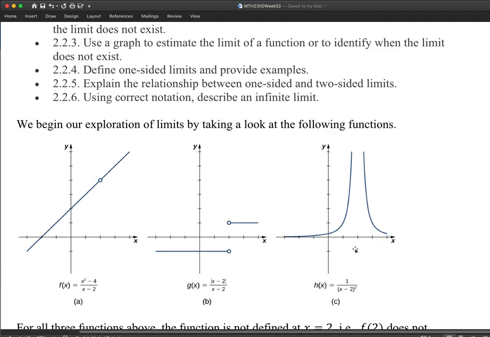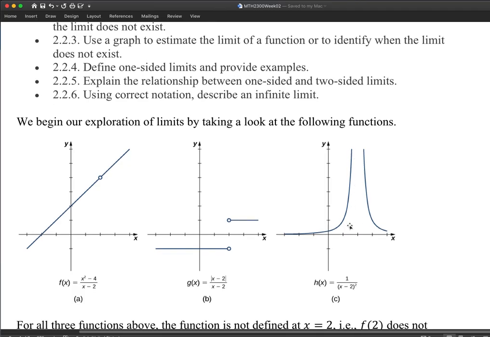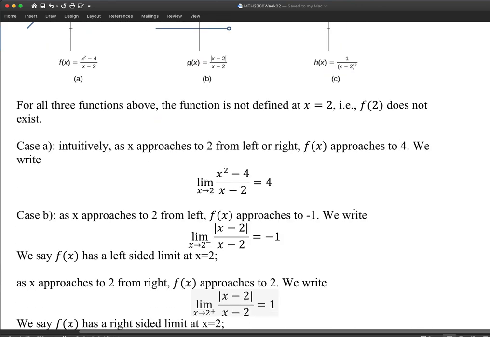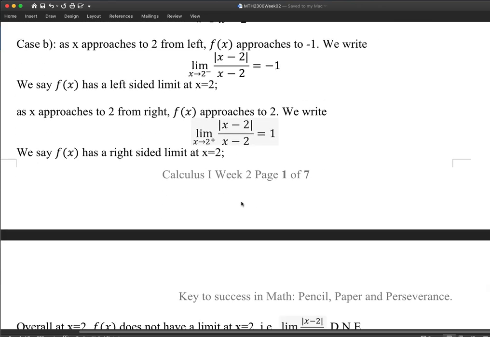So it is clear to me as x approaches 2 from left, the y values are getting bigger and bigger. As x approaches 2 from right, still the y values are getting bigger and bigger. So we simply say this time the function has an infinite limit, and we write in this fashion.